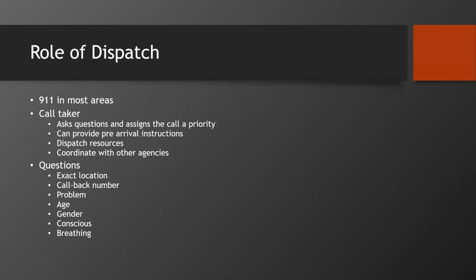All right, the dispatchers can provide pre-arrival instructions. And what we mean by that is if it's cardiac arrest, if there's certain medical things that you can explain to somebody over the phone, the call takers can do that. Generally speaking, when we talk about pre-arrival instructions, we're talking about CPR, cardiac arrest. So the call taker will actually say, are you comfortable with doing CPR? I can explain to you how to do it.